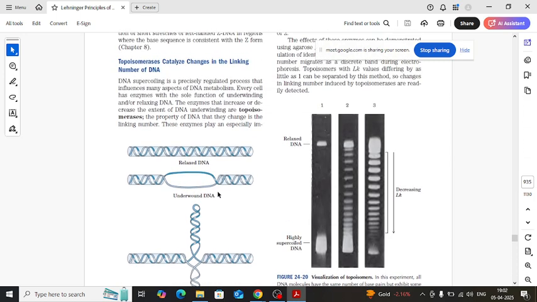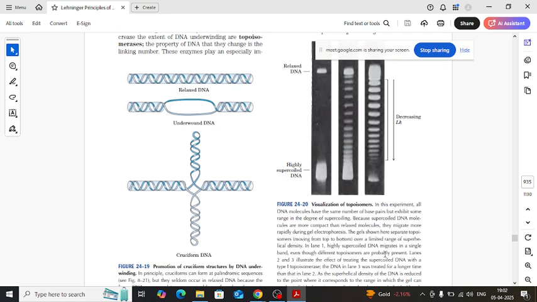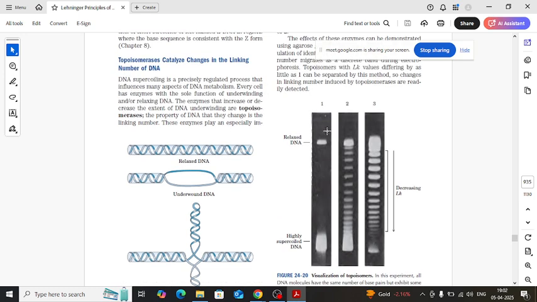Now, if you see the topoisomerase activity here, you run an agarose gel of 3 samples. In this experiment, the first panel is showing the relaxed DNA and highly supercoiled DNA.